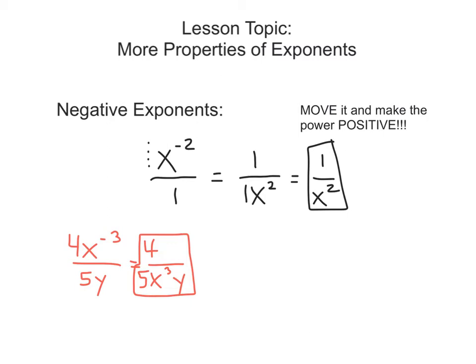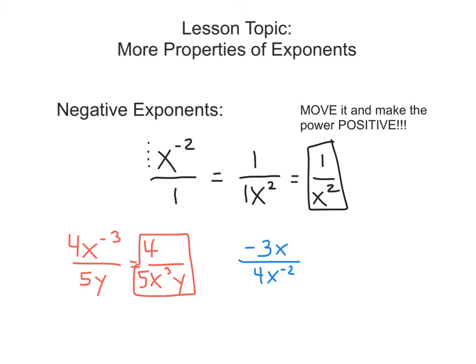All right, another one. How about negative 3x over 4x to the negative 2. So negative 3x over 4 times x to the negative 2.